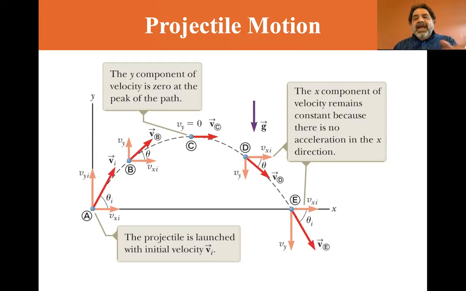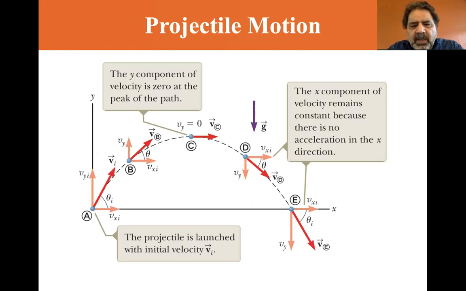Now look at Vx. In fact, it's called Vxi throughout. Vxi is at A, B, at C. They don't show the component; they just show the red arrow because it is the same, because all you have is the x component of velocity, and at D it's the same size, and at E it's the same size.